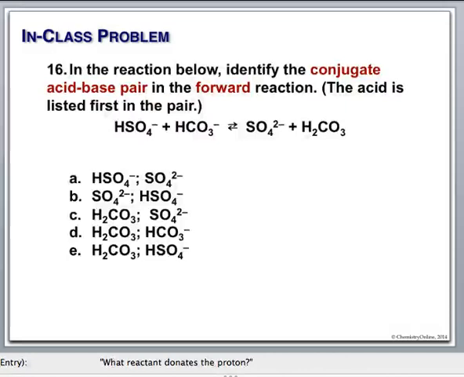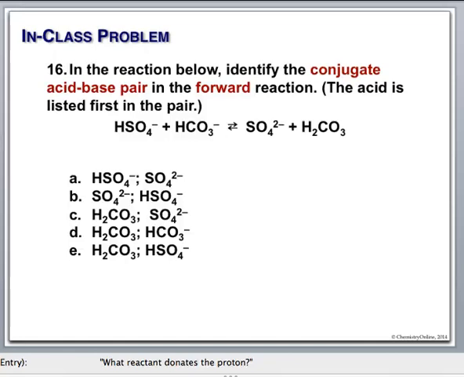All right, here we have an acid-base reaction. We're looking for the conjugate acid and the conjugate base, and we're looking at the forward reaction. Okay? Now, what's happening here in our forward reaction? Hydrogen sulfate is being converted to sulfate, isn't it?